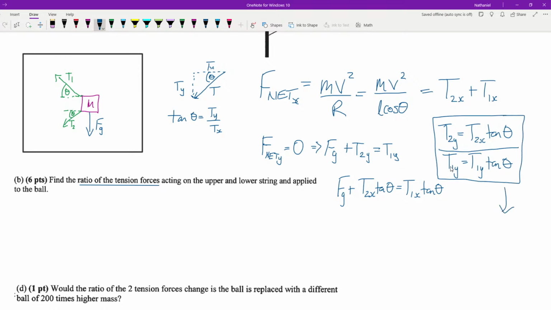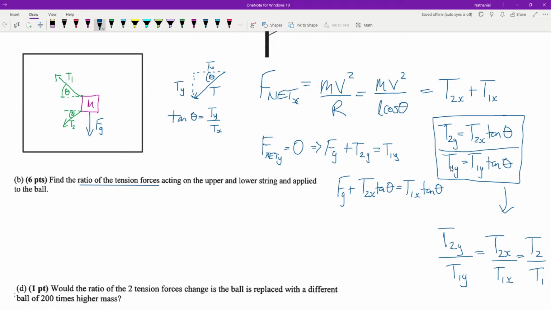Then we would be doing like T2y over T1y, right? Which is equal to the T1x over T2x, which is equal to T2 over T1. This is the ratio, right? The tan thetas cancel, but either way, they're sort of proportional triangles, right? All the ratios are the same.